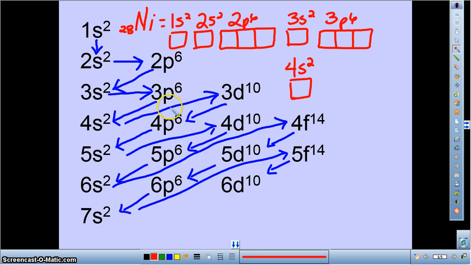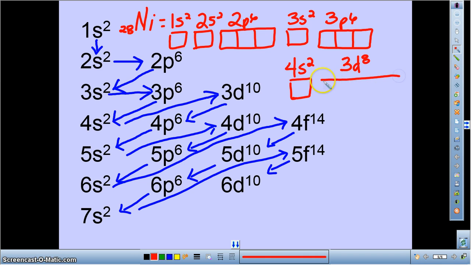Then, since I have more, to 3d10. Now we don't put 10 in there because that's going to be too many electrons. Let's go back and check our numbers. I can fit 10 in the d orbital, but I only need 8 because 28 is all I need to account for. So I'm going to say 3d8.